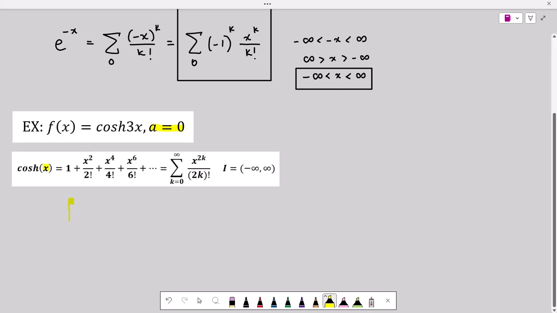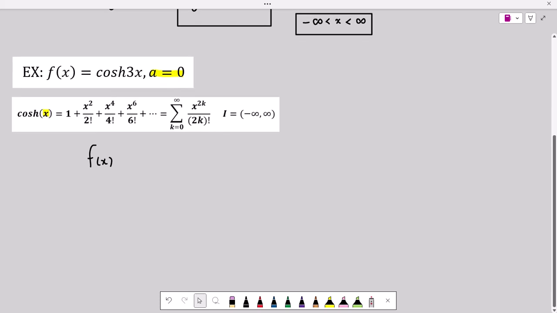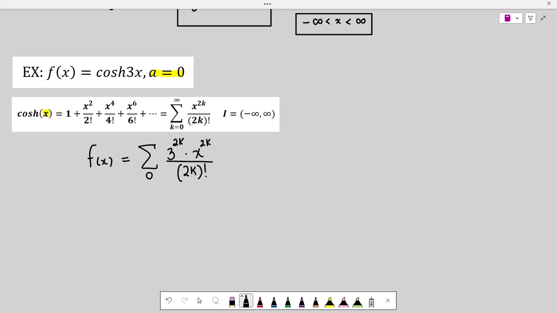So f of x is our function, and all we're doing is replacing x with 3x. So we just have to come into the summation. We can probably do it all at once if we want. If we're replacing that x with 3x, we can pull off the 3. So that x becomes 3x, and then the power goes on to the 3 and it goes on to the x. So there it is.